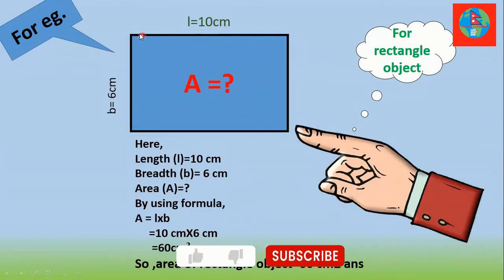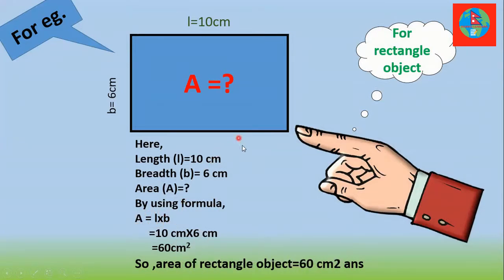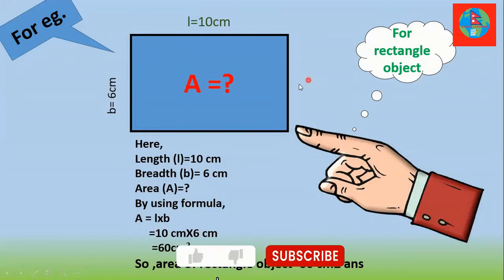Here is the length. The longer part is always the length and the shorter part is always the breadth. So how can we find this object's area? By using the formula A equals L into B, we can find the area of a rectangle object.